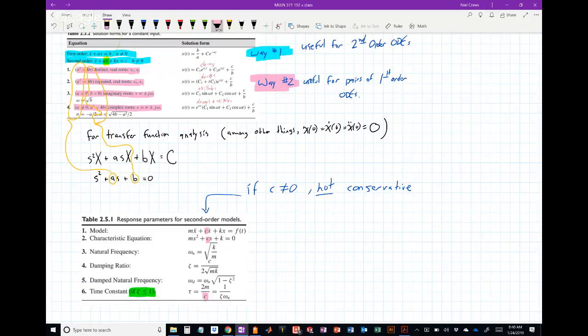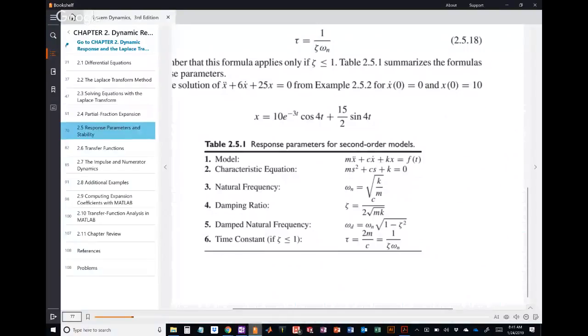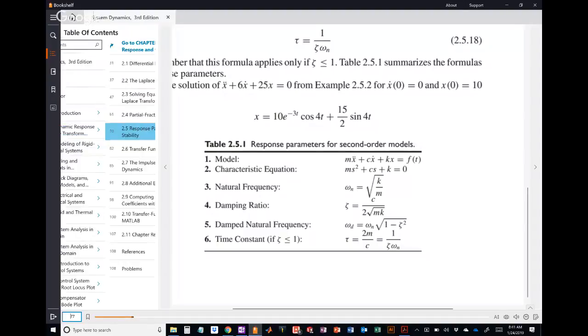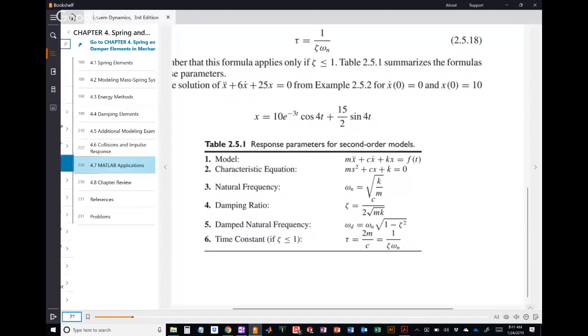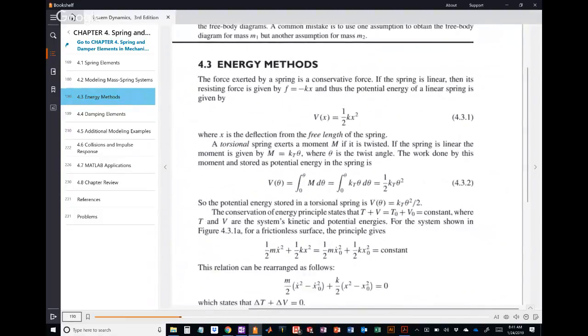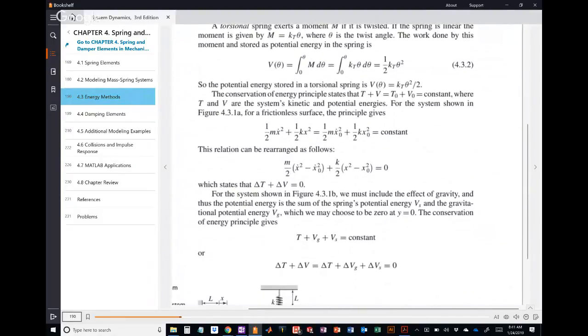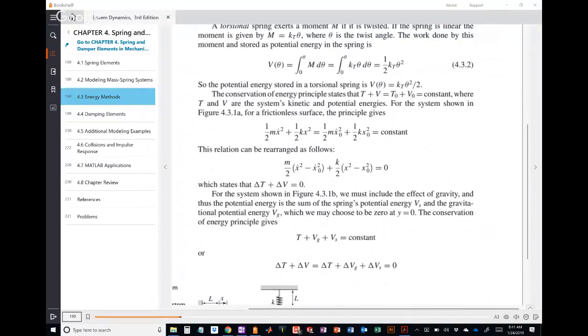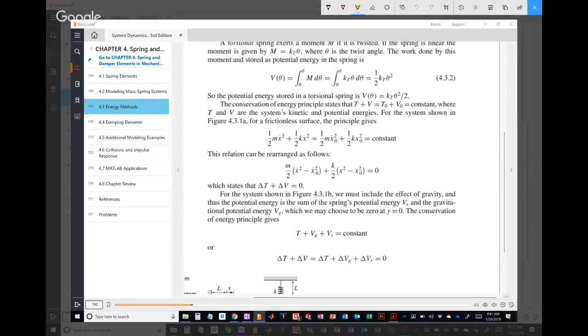And so when we did the energy methods there in chapter 4, do you remember this where we said this? There we go. Where we said the kinetic energy, that's really KE.